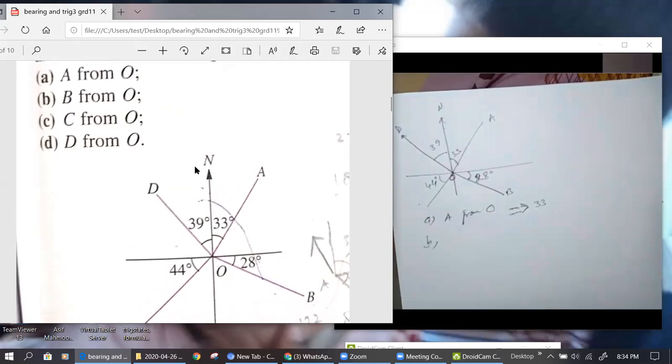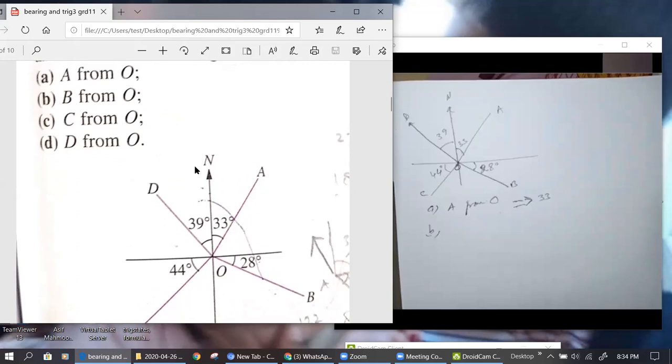B from O is 105. How did you do 90 plus 28?